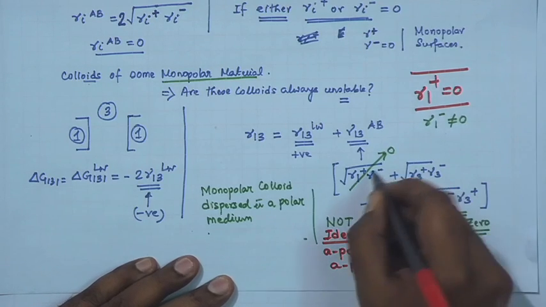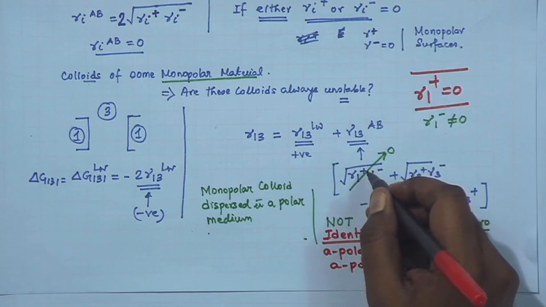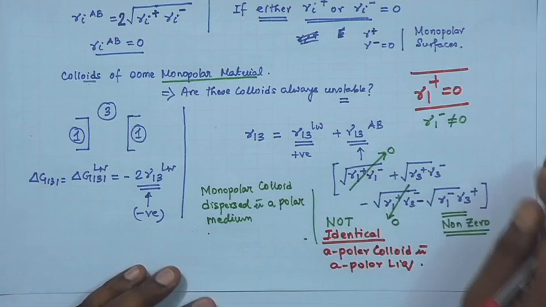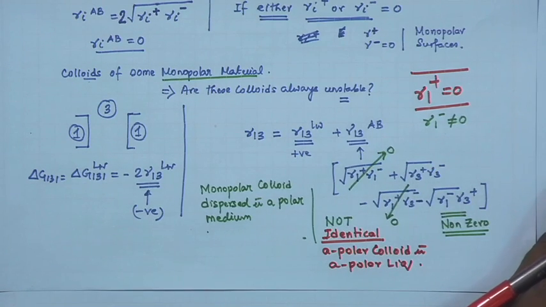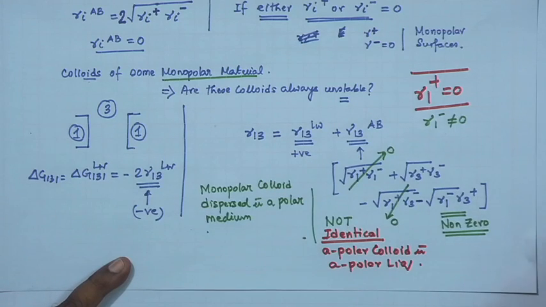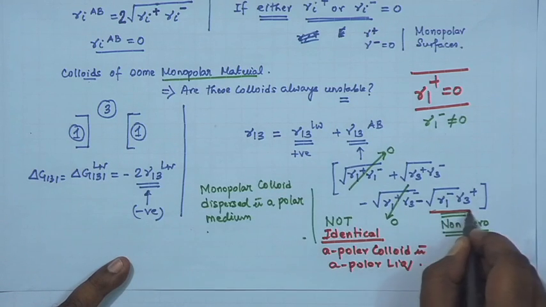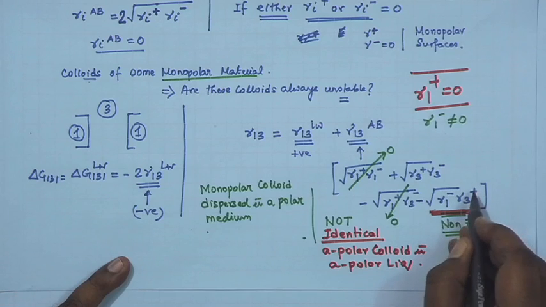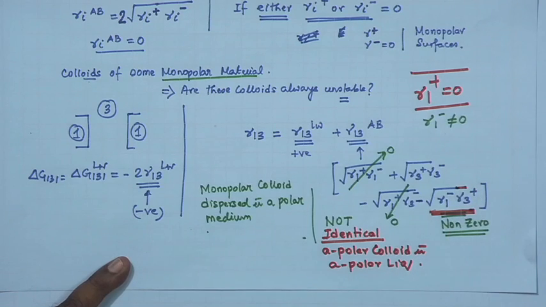Why? Because indeed you do not have any contribution in terms of the total surface energy of this material 1 due to the polar interaction, but due to the cross interaction, the adhesive interaction in a polar liquid, this term will be non-zero.